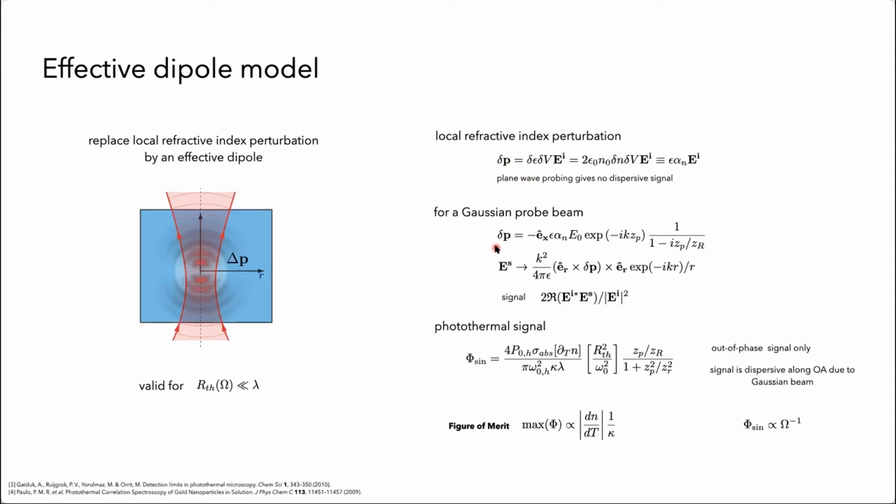And if you take the dipole now with the alpha term, and connect it to a Gaussian probe beam, where all the Gouy phase is inside this prefactor here, you get this expression for the dipole, and then finally this expression for the scattered electric field.